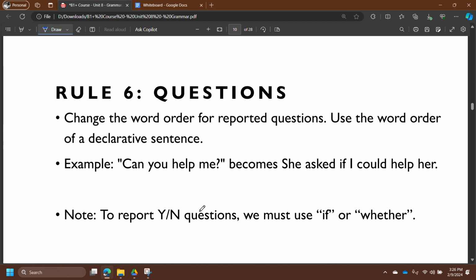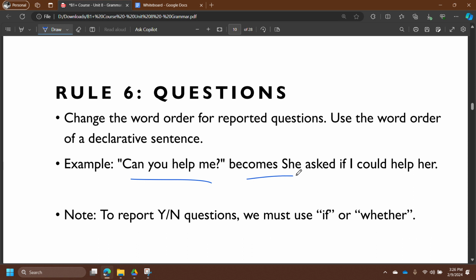Rule number 6, questions. For the reported question, use the word order of a declarative sentence, meaning a normal statement. Example, if the question is, can you help me? Can you help me becomes, she asked if I could help her.